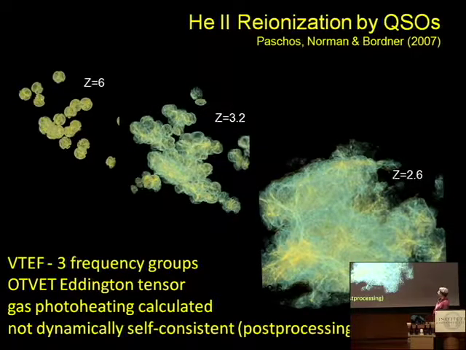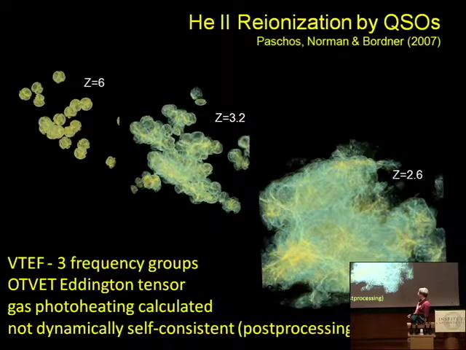We've applied VTEF to the problem of helium-2 reionization, and that's shown here. We assume a quasar population that evolves with redshift, and we calculate the expansion of the helium-3 spheres.